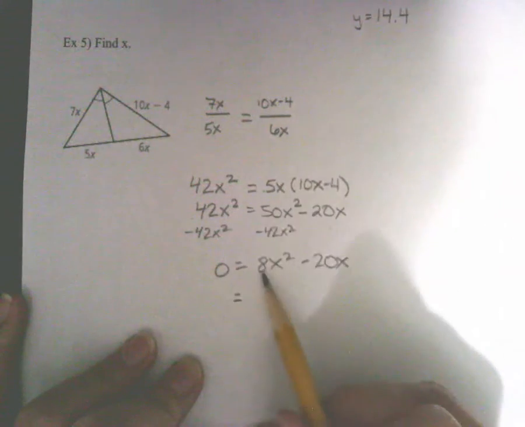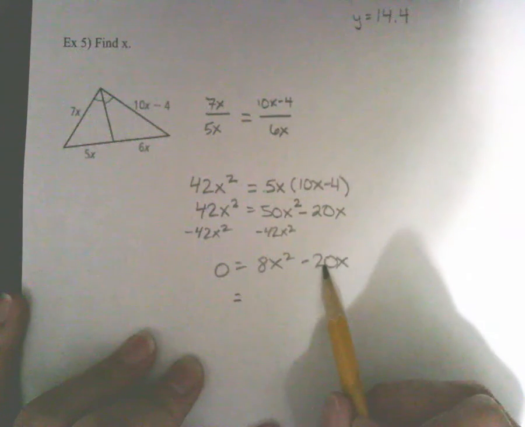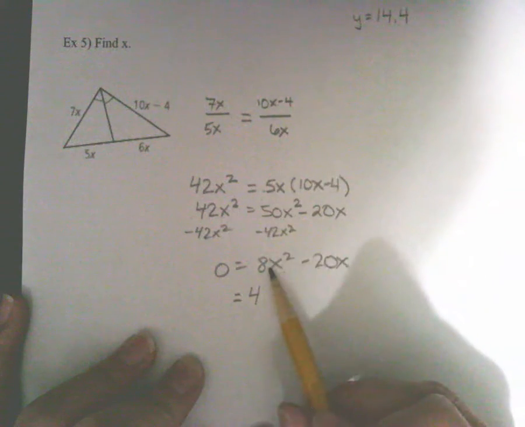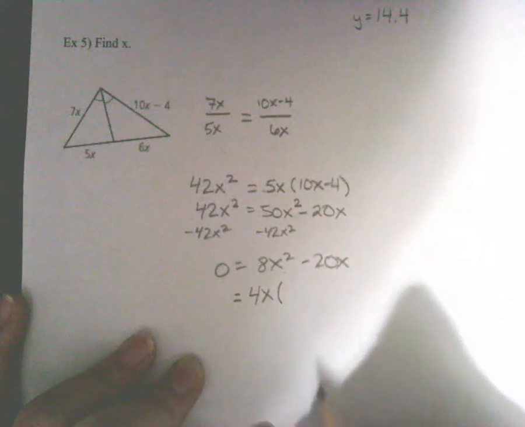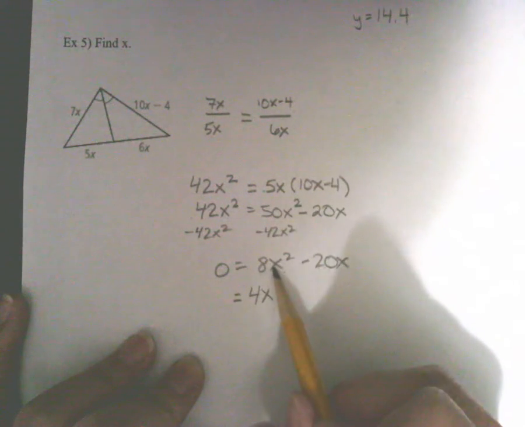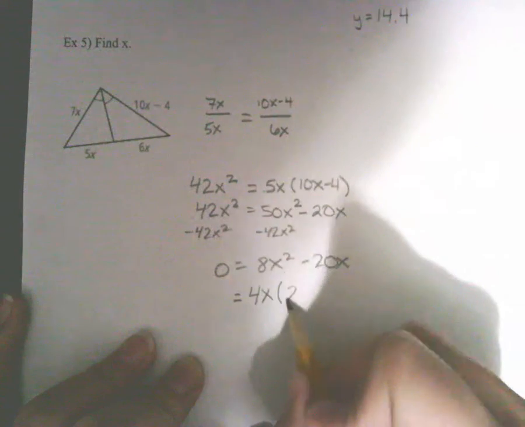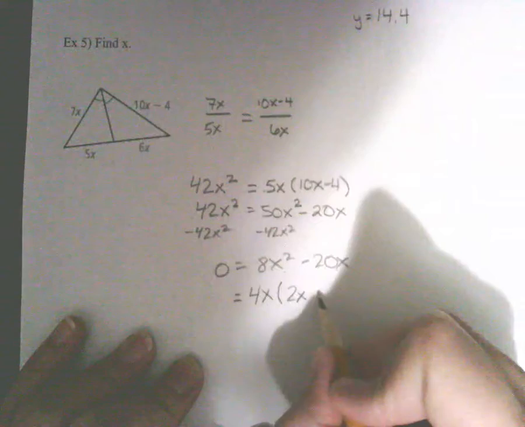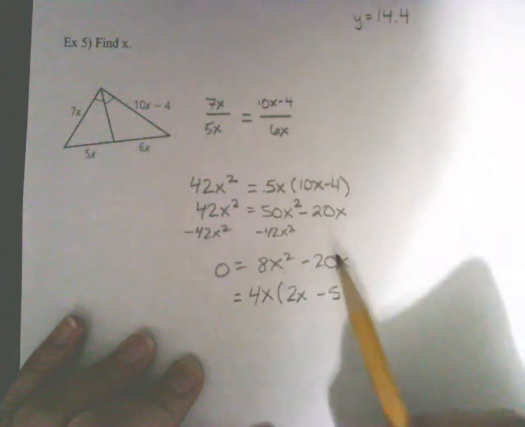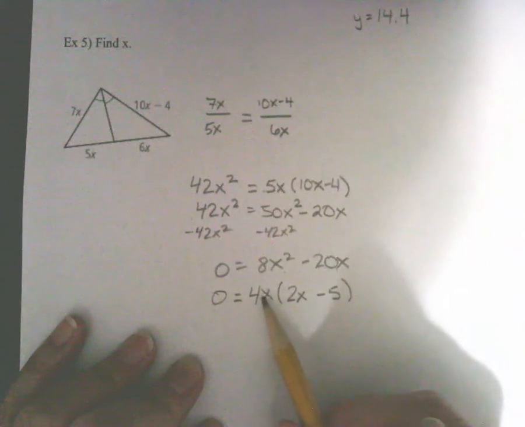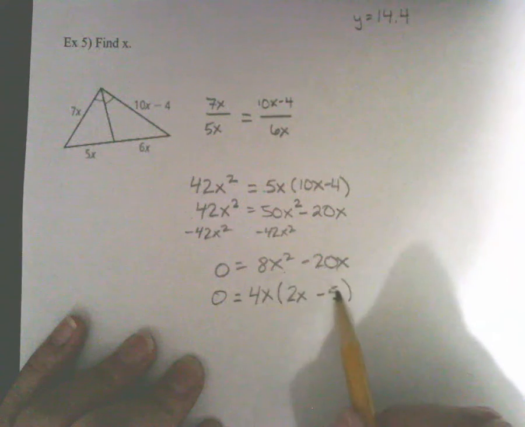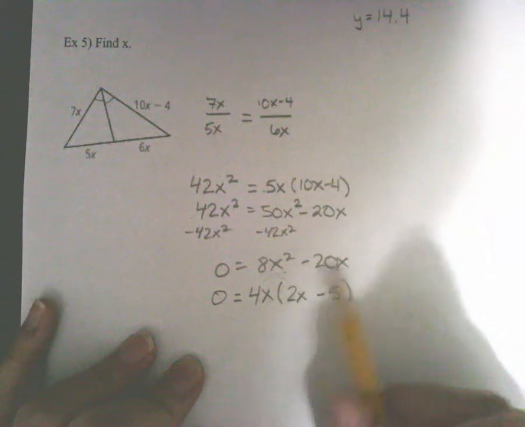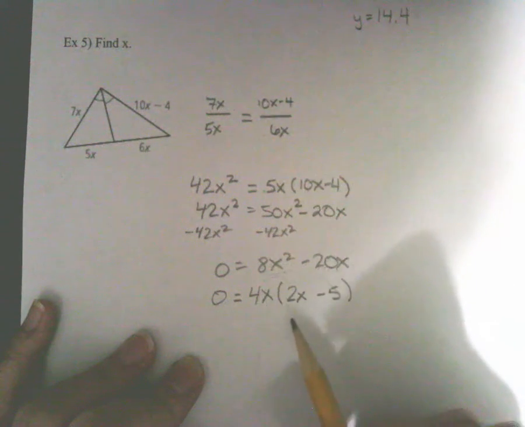So a number that these two terms divide, so 4, and then a letter that these two terms divide, so x. Now, if I divide 8x squared by 4x, I'm left with 2x. And if I divide 20x by 4x, I get 5. So if you look, if I were to distribute 4x into this difference, I would get my original 8x squared minus 20x.